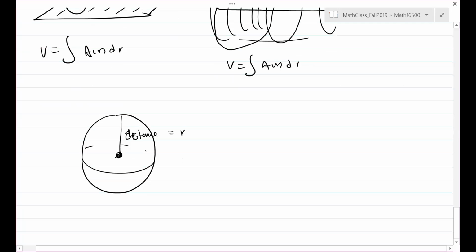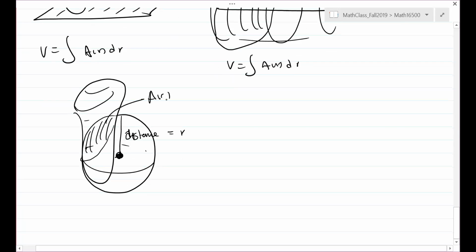So this is a fixed point. Then if you have a solid, you make a cut, and this portion is A(r). As long as you're able to calculate this A(r), the volume is going to be the integral of A(r).